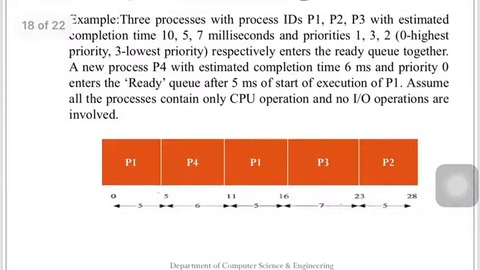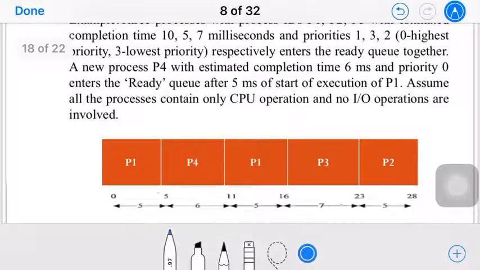So initially, who is having the highest priority? P1, with 1. It will execute for 5 milliseconds, but the total time required for P1 is 10 milliseconds. It will execute only for 5 milliseconds because after that P4 is entering, which is having the highest priority now. So it will stop P1 and give the CPU to P4.